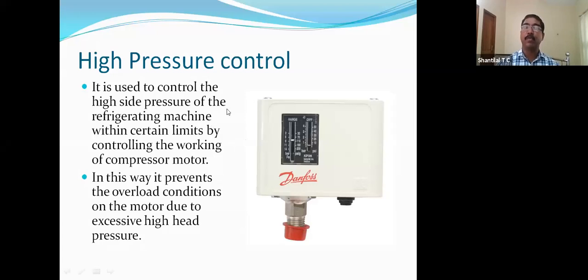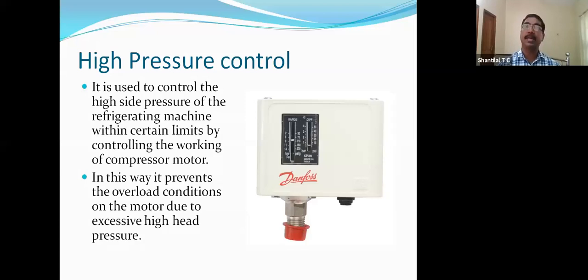So if the pressure increases above 200 psi, this switch will open and stop the motor. In this way it is protecting, otherwise the pressure will keep increasing and it tends to burst or the motor will be burned. For that purpose we are using the high pressure control device, and when pressure comes back to normal, it will start the system.